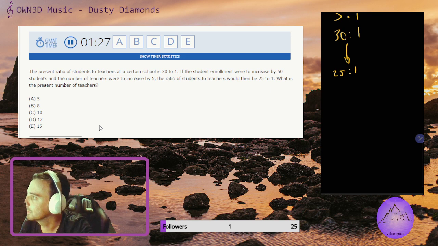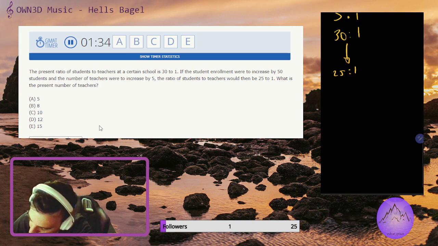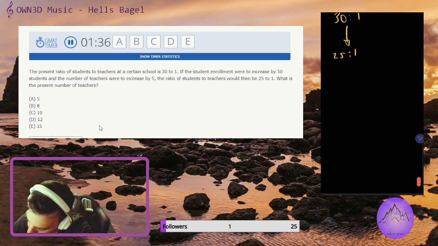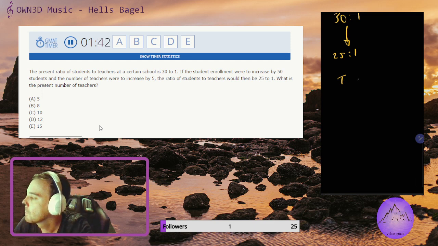Should be easy. All right, let's put it this way. Number of teachers is T. Students equals 30T.